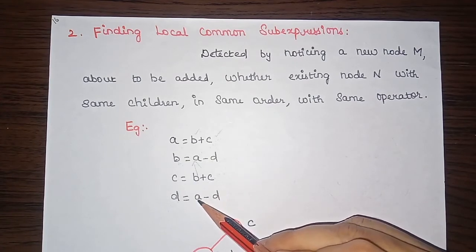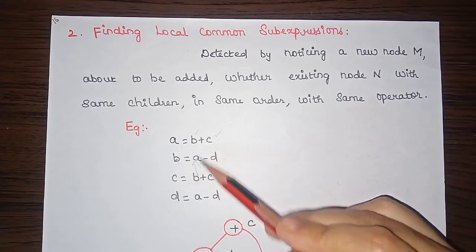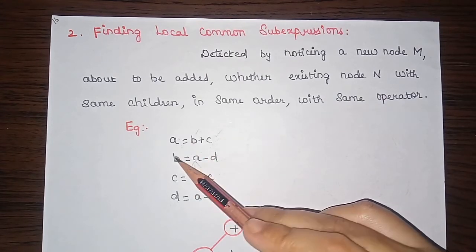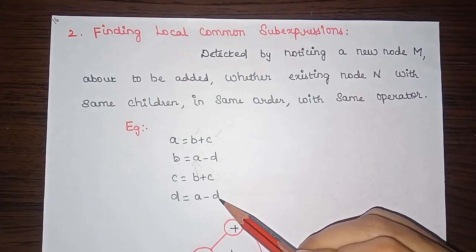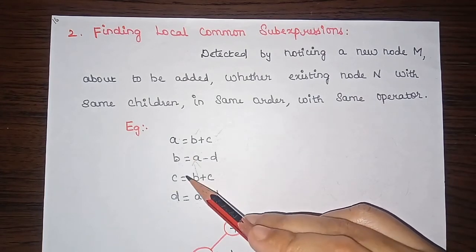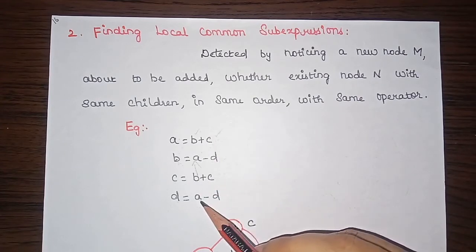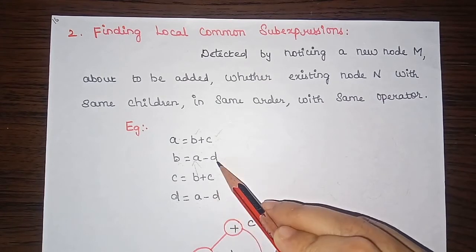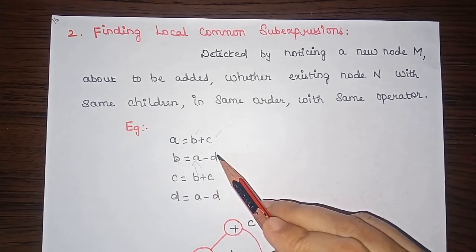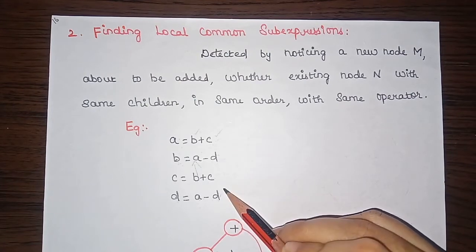When you look at a, we are not changing the value of a anywhere between these two statements, and the value of d is also not getting changed in between. So it obtains the same result as the earlier a minus d. So this a minus d and that a minus d can be considered a local common subexpression.